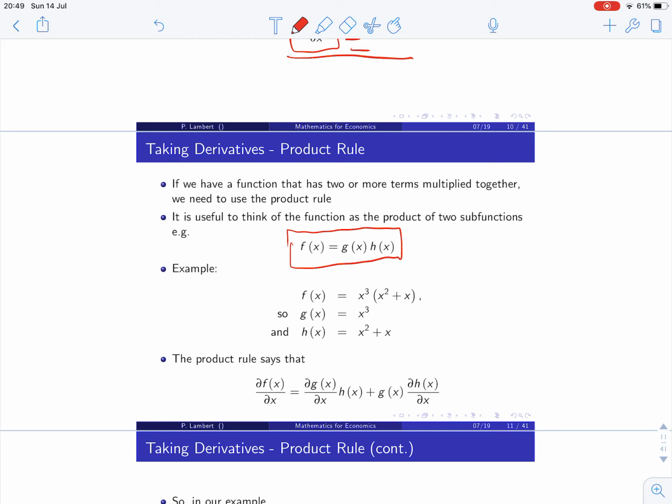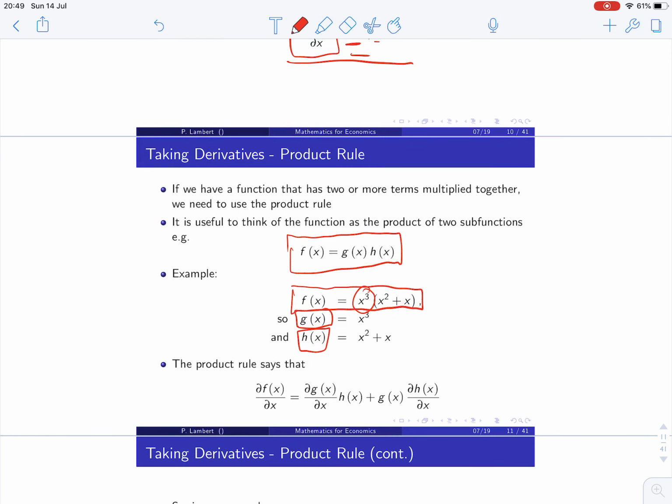So for example, if we have a function like this, we can think about, in this case, the function g as being this guy. We can think about the function h as being this term. And then we can think about how to apply the product rule, because we can rewrite this function now as g(x) times h(x).